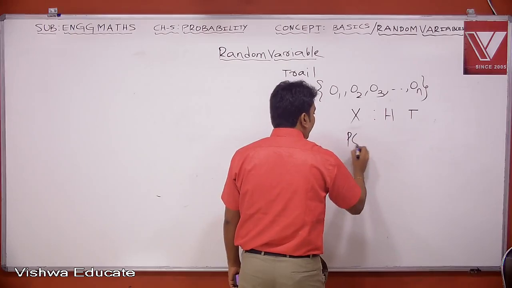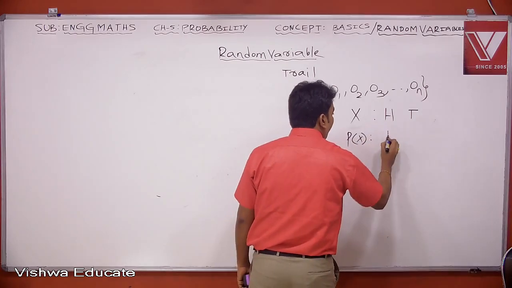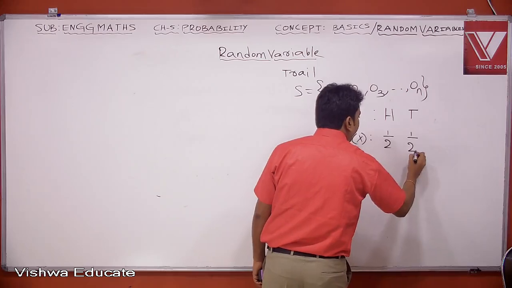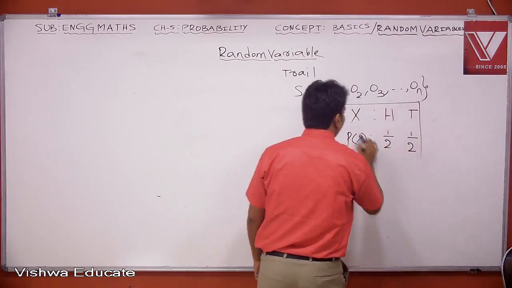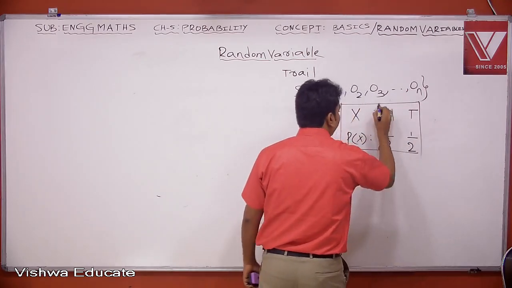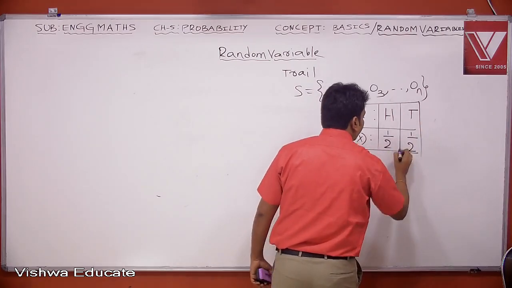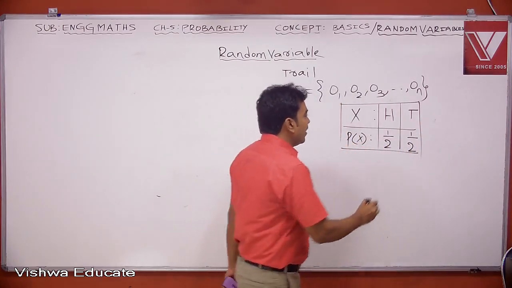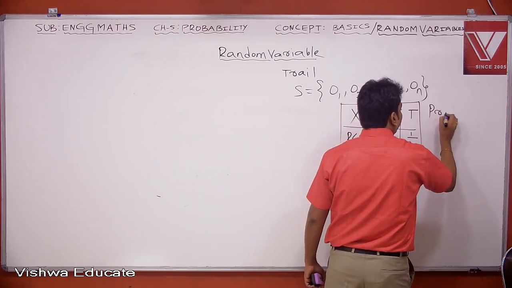Now what are the corresponding probabilities p of x? Probability of getting head is 1 by 2, probability of getting tail is 1 by 2. Therefore in this case the probabilities of outcomes of all experiments are specified very clearly, and this is called probability distribution function.